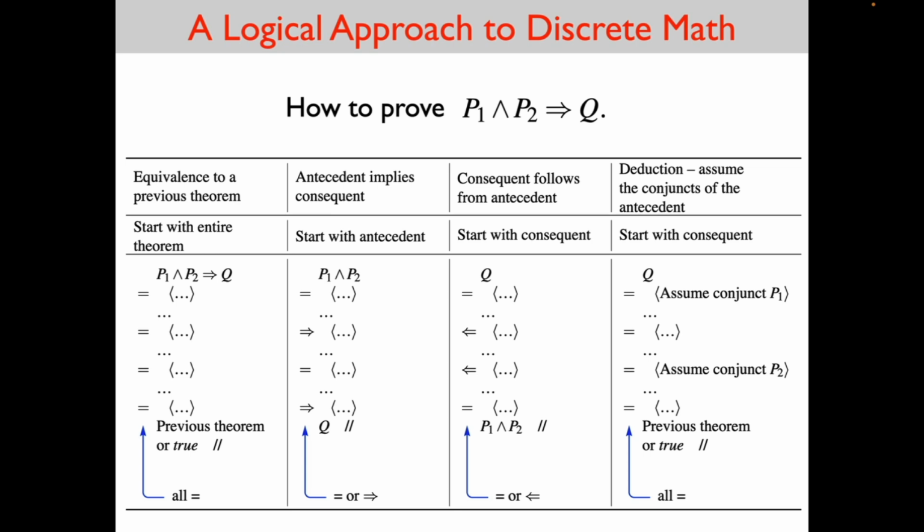Now, when you look at it this way, do you see why it makes sense to use deduction? Because what you're trying to show is that P1 and P2 implies Q. So if you use P1 as if it were a theorem, well, if it is true, then Q will be true.